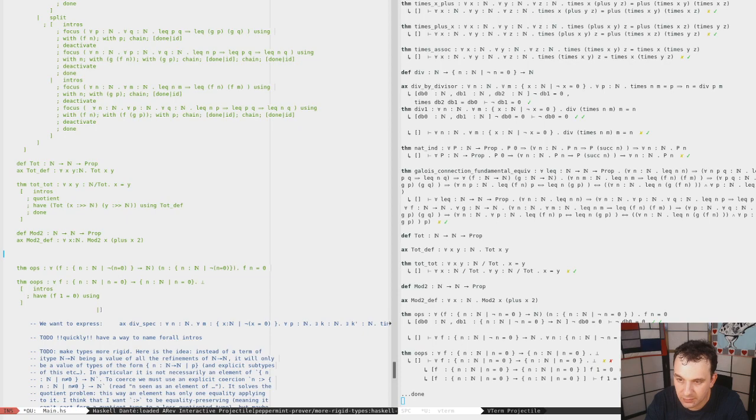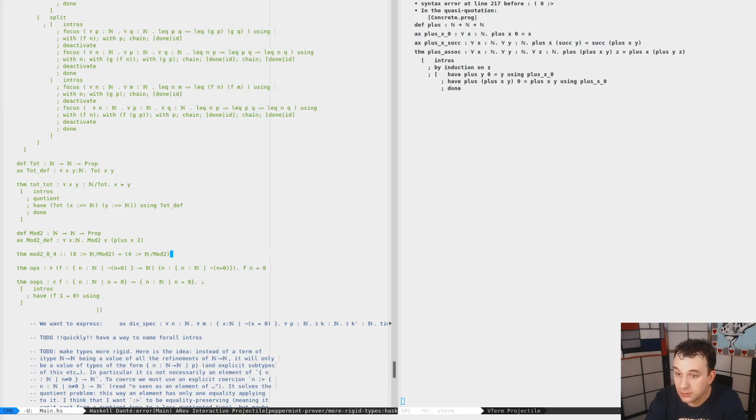So what we can do is we can prove that 0 simply coerced to nat over mod 2 is equal to 4. Didn't like it. Oh, hello Haskell.